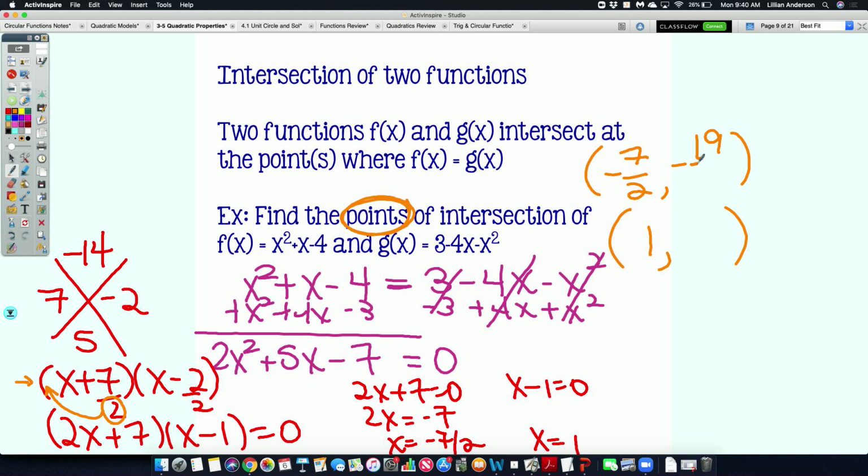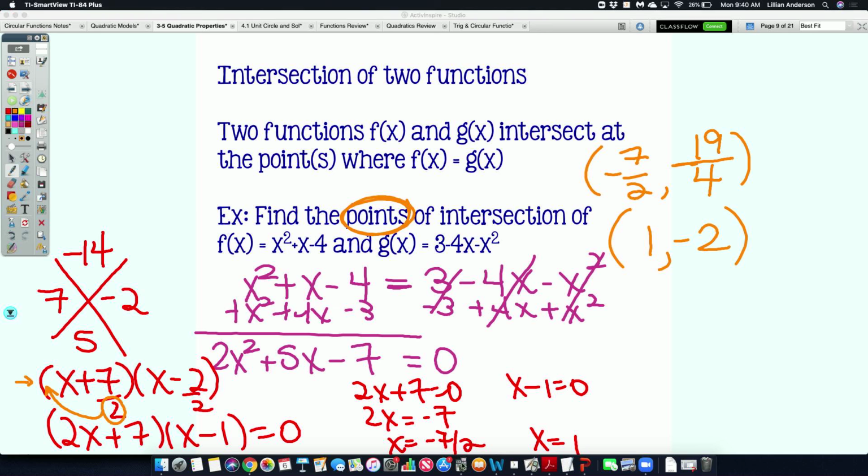Okay, got some different things. It would be a positive 19/4. Be very careful. Make sure you have parentheses around that -7/2, because without it, it's going to square 7/2 and then make that number negative. So make sure you put parentheses there. What did you get for 1? Negative 2. -2. Very good.